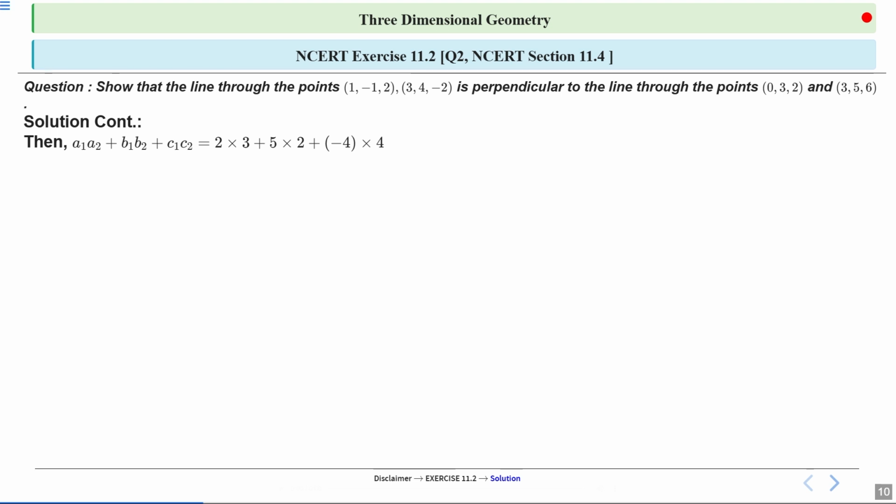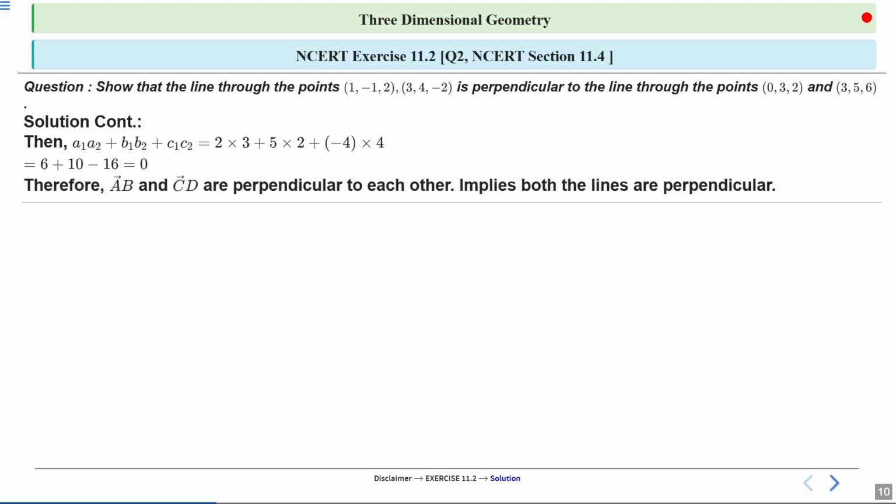A1A2 plus B1B2 plus C1C2 equals 2 times 3 plus 5 times 2 plus -4 times 4. Adding these up, 6 plus 10 minus 16 equals 0. Since the dot product is 0, the direction vectors are perpendicular. Therefore, the two lines are perpendicular to each other.